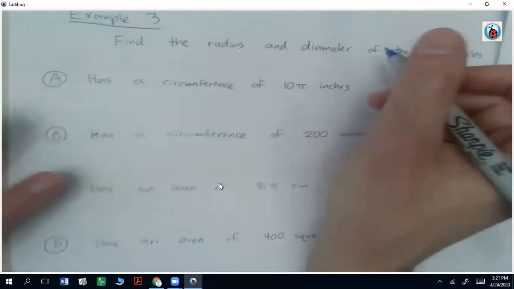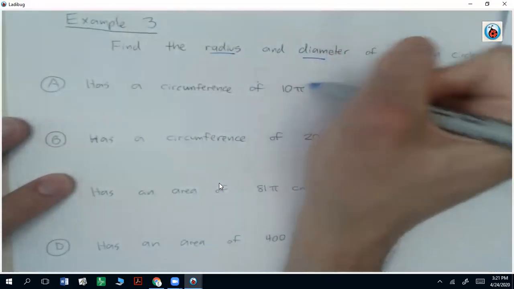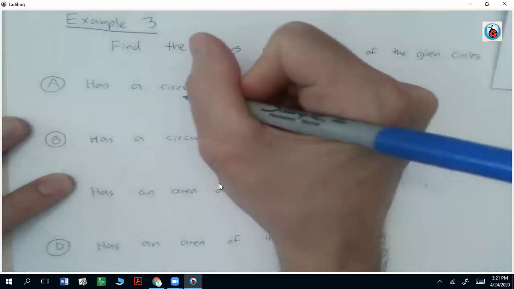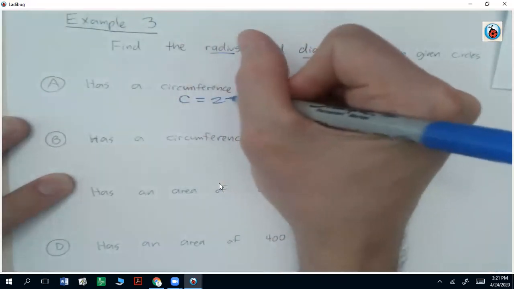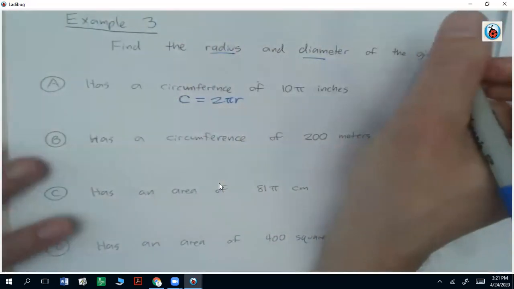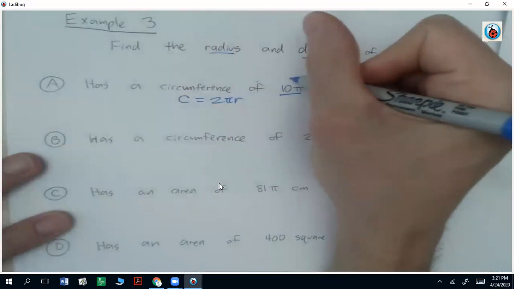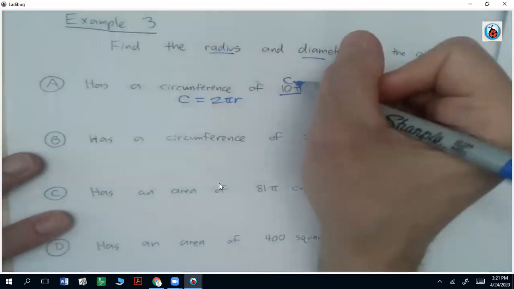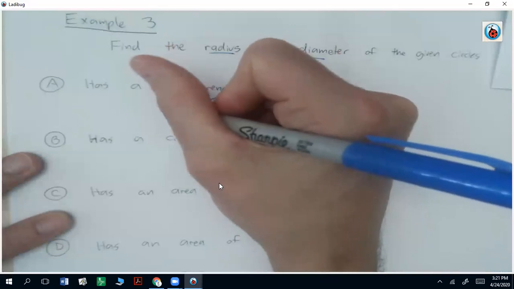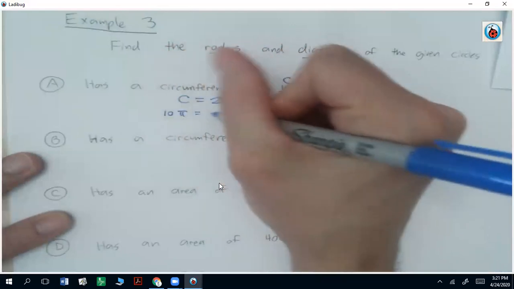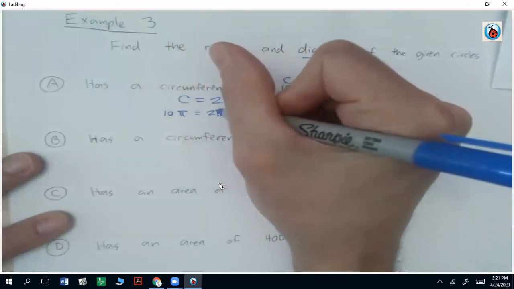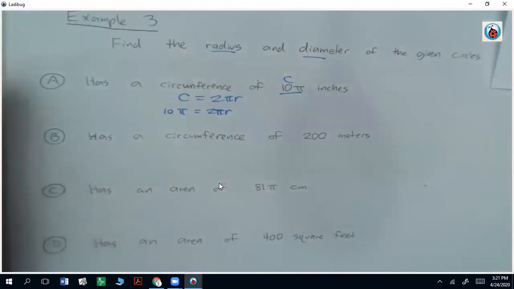Now, in this problem, to get the radius and the diameter, we'll have to work backwards. So the formula for circumference is 2 pi r. Now, if our circumference is 10 pi, then what we're going to do is substitute 10 pi in place of c. So 10 pi equals 2 pi r.